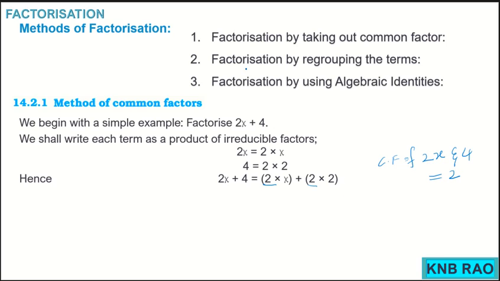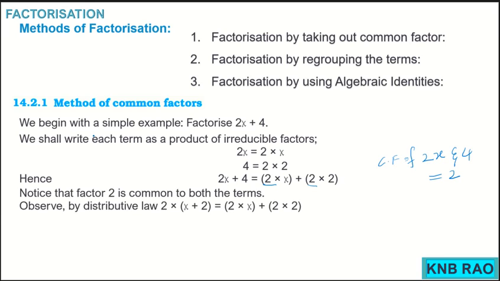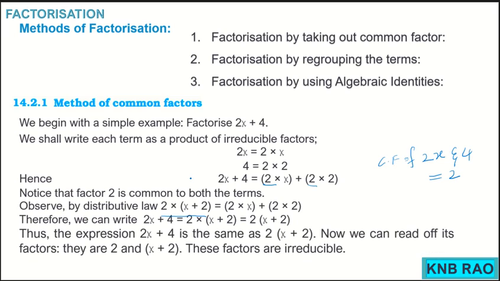I will take out that 2 as common. Now 2x plus 4 becomes 2 into (x plus 2), or we normally write 2 times (x plus 2), or twice the sum of x plus 2. This is what you learned in class 6 while forming algebraic expressions. So the factorization of 2x plus 4 is 2 into (x plus 2).